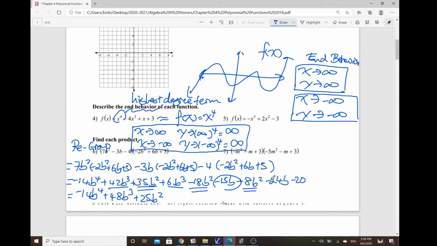So negative 15b, negative 24b, which is negative 39b. And then there's only one constant term, so just carry that over, so minus 20. So finally we end up with 4 degree, 1, 2, 3, 4, 5, pentanomial. So it's a 4 degree pentanomial.